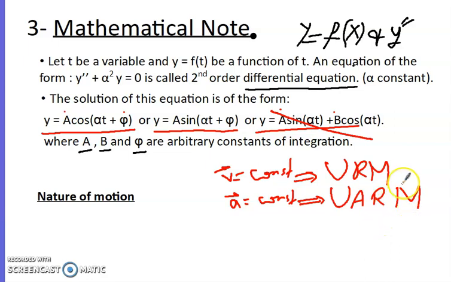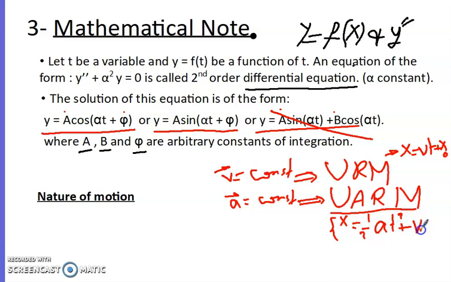You remember this? Okay. So the time equation here, we wrote x equal vt plus x0, if you remember. And the time equation here is x equal half a t squared plus v0 t plus x0.